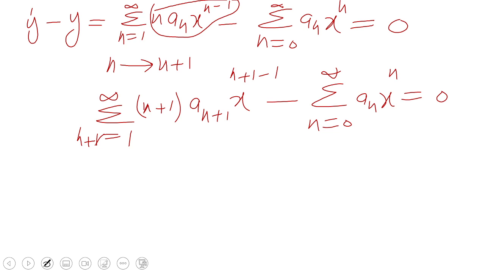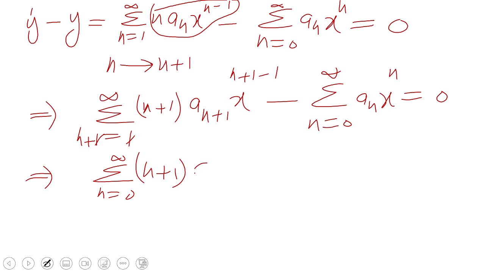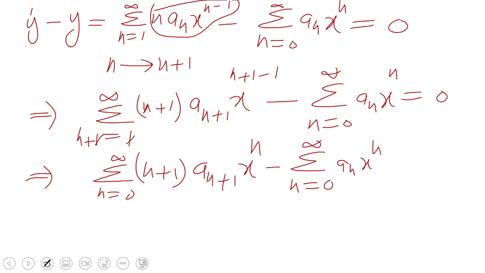You see this one cancels with this one. This is called shifting. This is now summation n from 0 to infinity (n plus 1) a_(n+1) x^n minus summation n from 0 to infinity a_n x^n. What this shifting did is that the powers of x become equal.